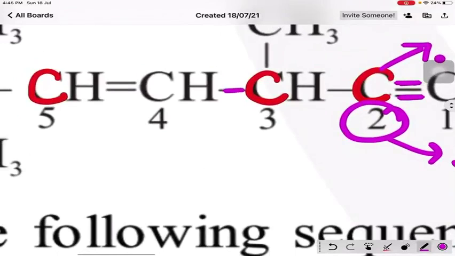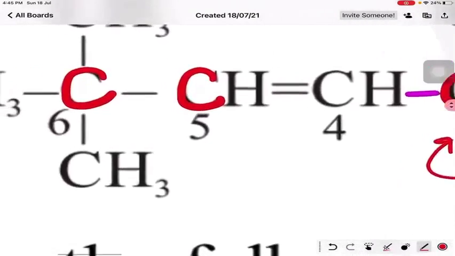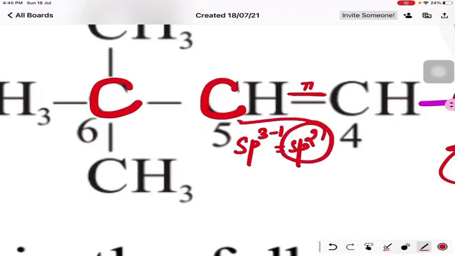Carbon number 3, as all are single bonds, will be sp3 minus 0, so it itself will be sp3 hybridized. This carbon is sp3 hybridized. Carbon number 5, as it is attached with 1 pi bond here, has hybridization sp3 minus 1. This is equal to sp2 hybridized.